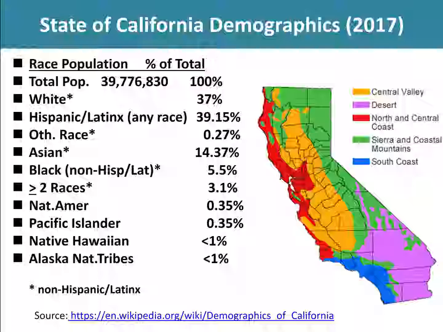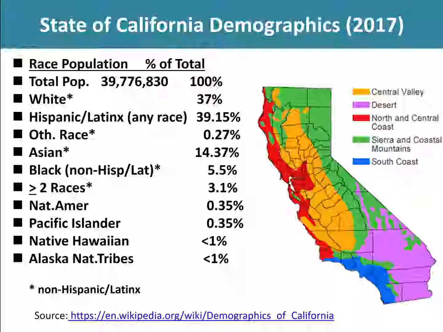Before we go into a detailed discussion of unconscious bias and health literacy, I'd like us to have a perspective on the demographics as of 2017 for the state of California.